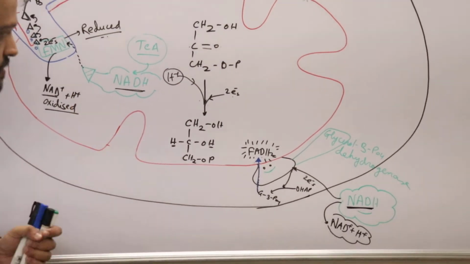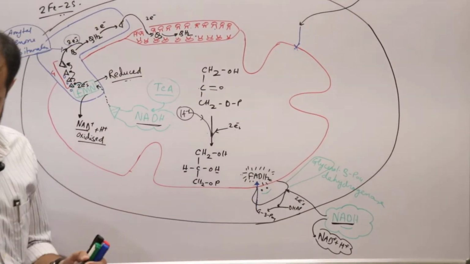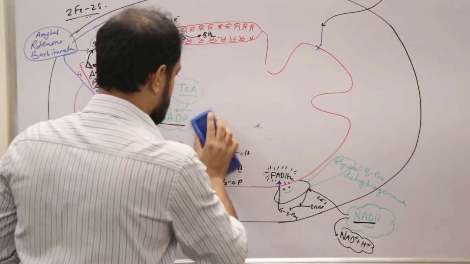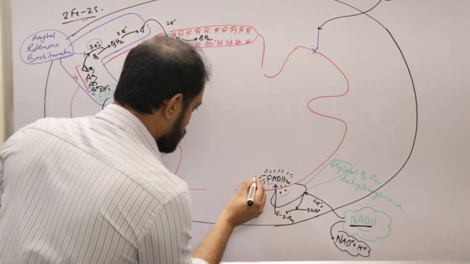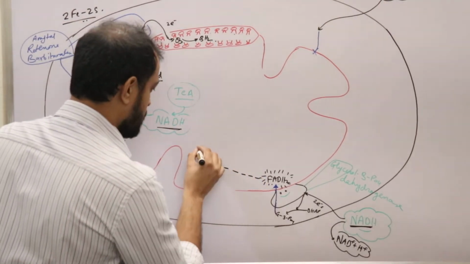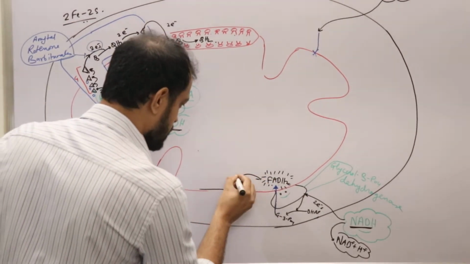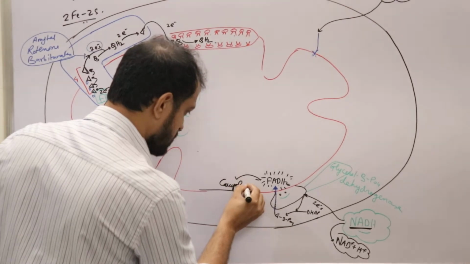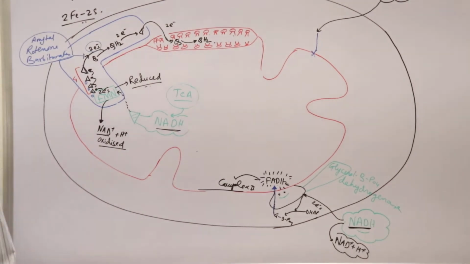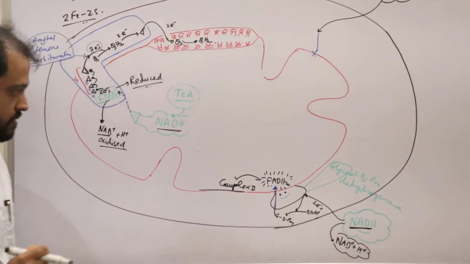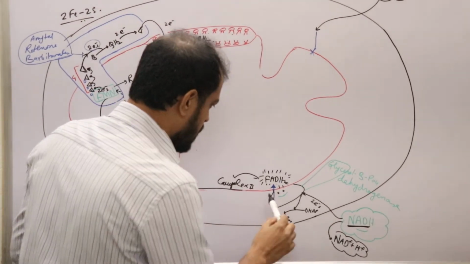Now this FADH2 enters the electron transport chain. That's the very basic thing you need to understand. FADH2 gives its electrons to complex 2, right? Now listen with all your attention.